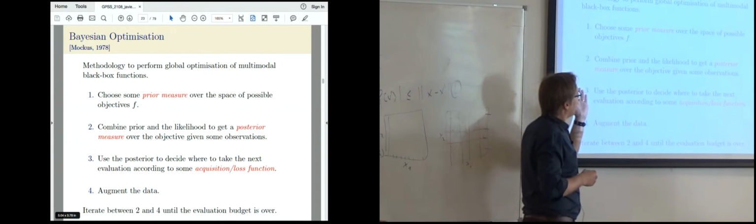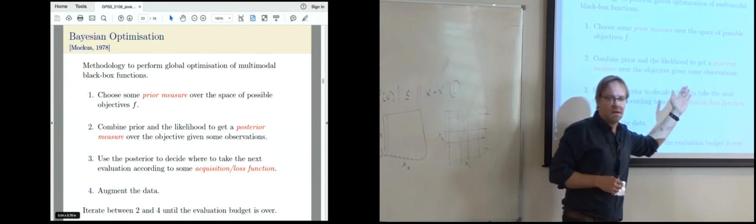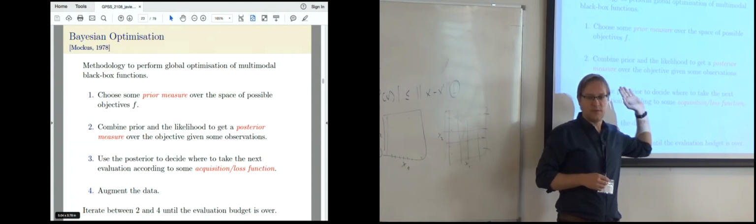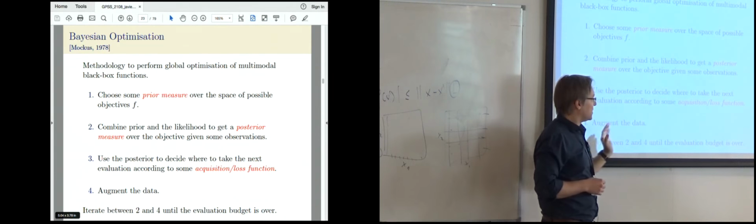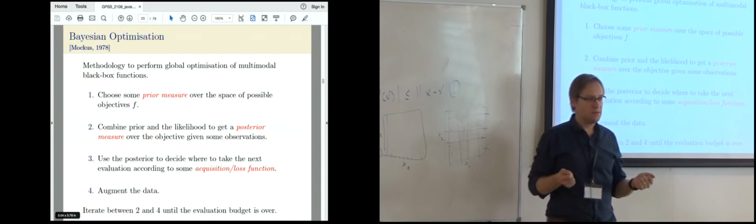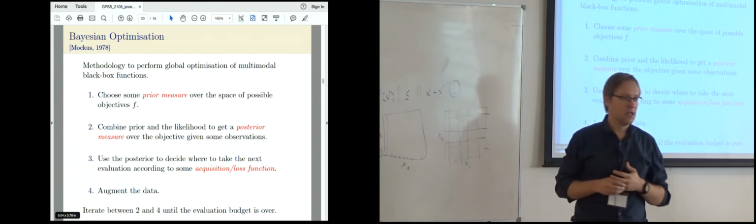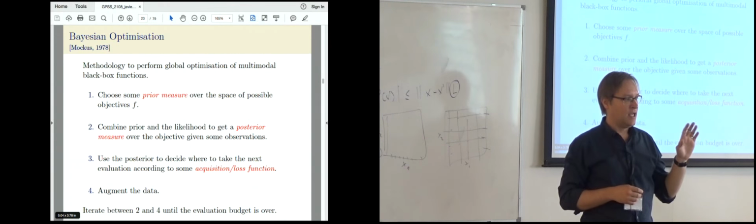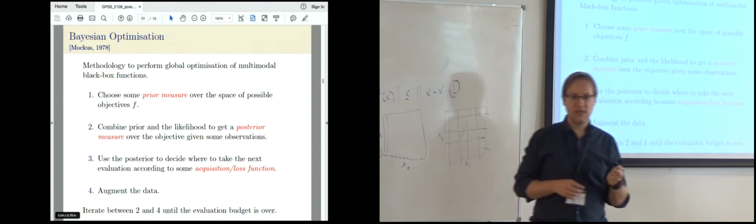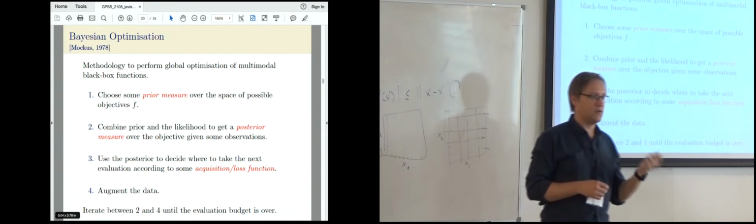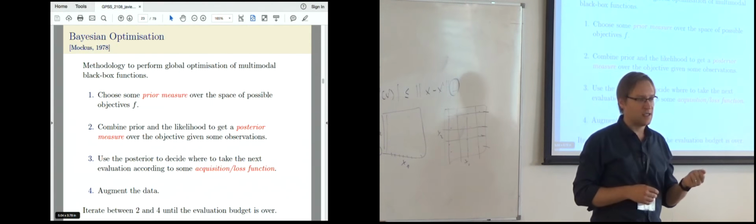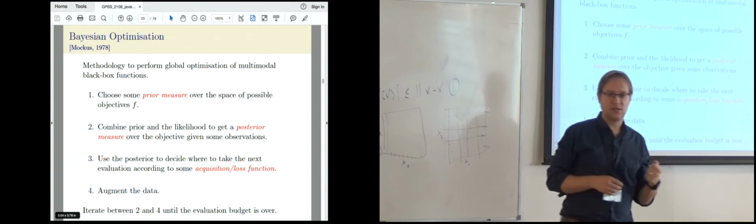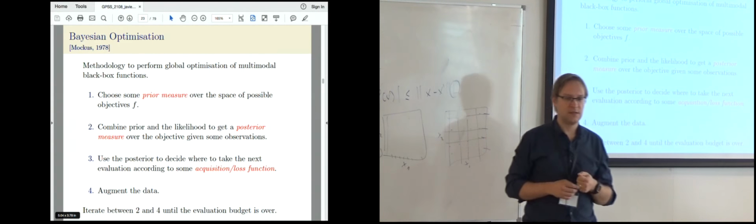You are going to combine that prior belief with some data that you are going to be collecting about your function, and then you are going to define some acquisition. The acquisition is simply going to take the model that you have and define a policy that will allow you to collect new evaluations, and you are going to select that policy in a way that you think is going to be the best to optimizing that function, right?